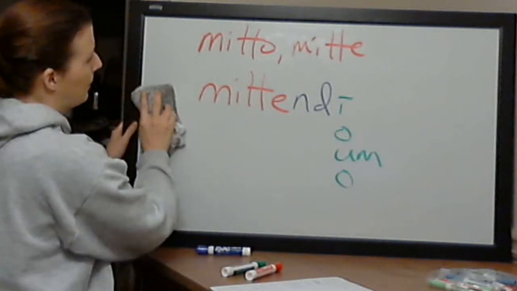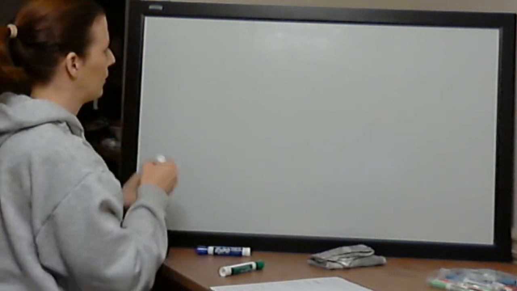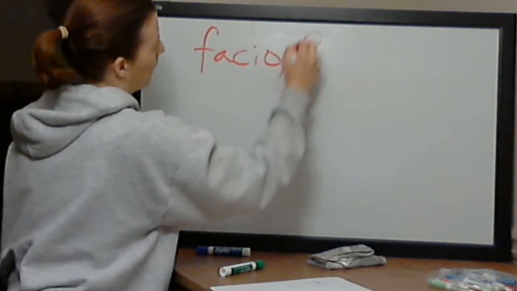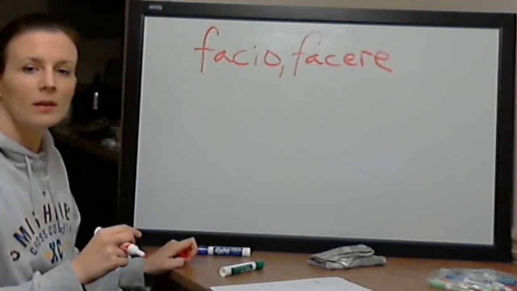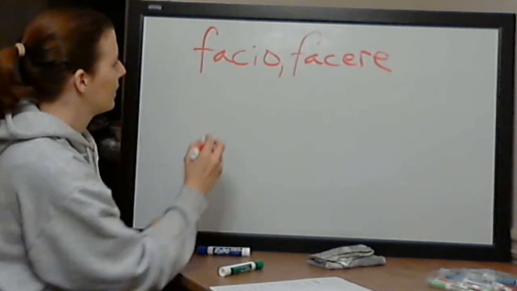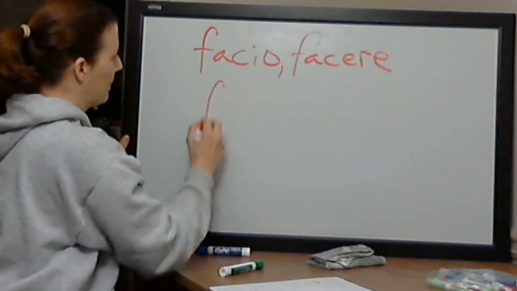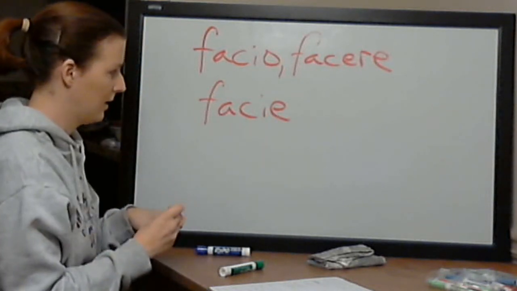The same thing's going to end up happening when we go to third io. So let's use everyone's favorite facio. This is where we get a little tricky with our stem because we need to keep the i, but we're also going to have the e. So it's more like we're combining them and getting ourselves facie.